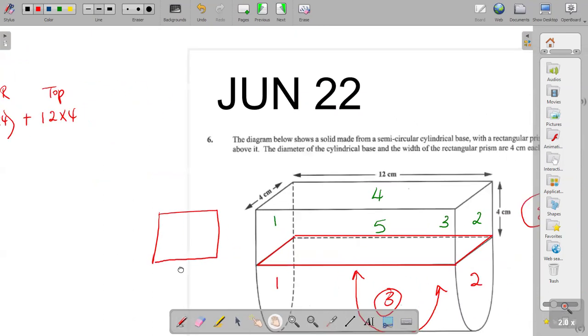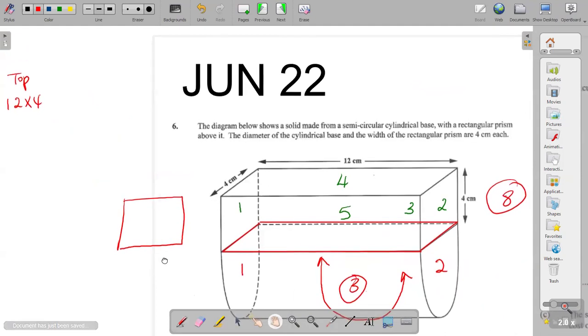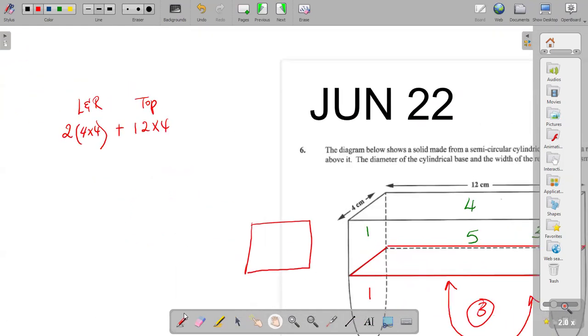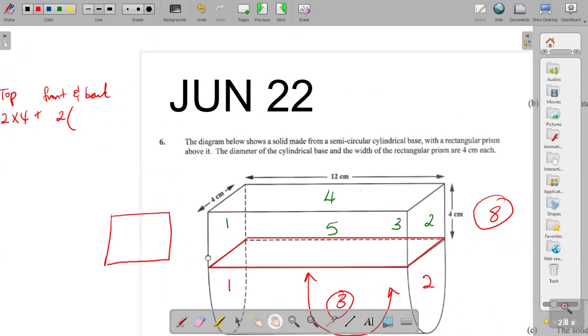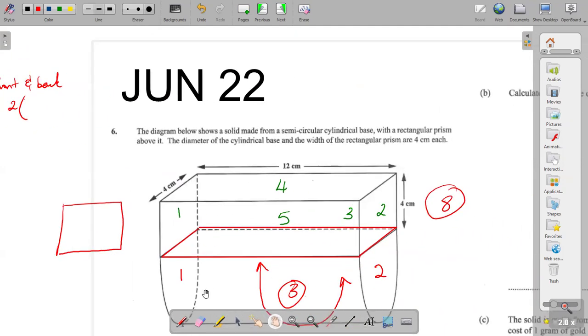Okay, what else do we need for this? Front and back, because the front and the back would be the same. Agreed? So that would be front and back plus front and back. So that would be 2 times what? What numbers do we need for the front and the back? 4 and what?